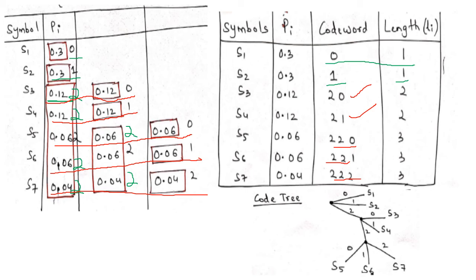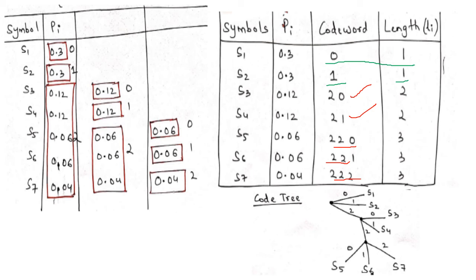So coming to code tree, as discussed in the previous lectures, if it is a binary decision tree, at every decision point we'll have two bifurcations. One is for decision 0 and one is for decision 1.